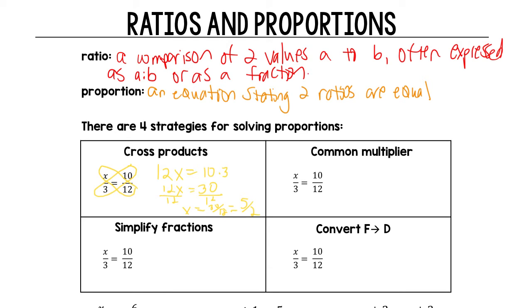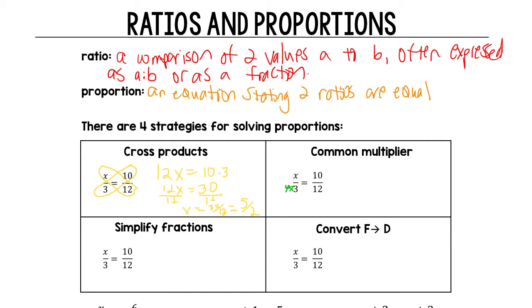We can also use the common multiplier method. We can see here that we can multiply this denominator by a number to get 12. 3 times what is 12? Well, it's 4.